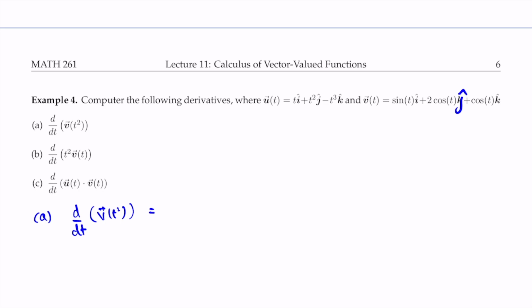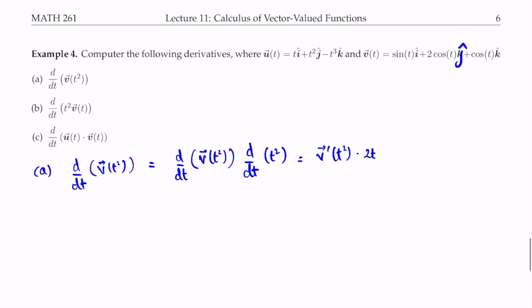And this is a chain rule, so the derivative of a composite function is equal to the derivative of the outside function evaluated at t squared multiplied with the derivative of the inside function t squared. So here I got v prime of t squared times 2t, so this is the regular multiplication.